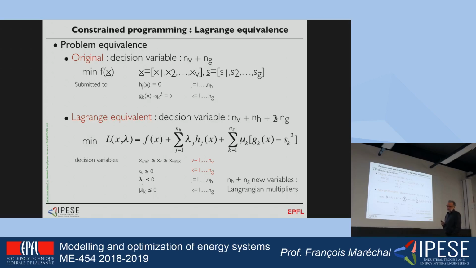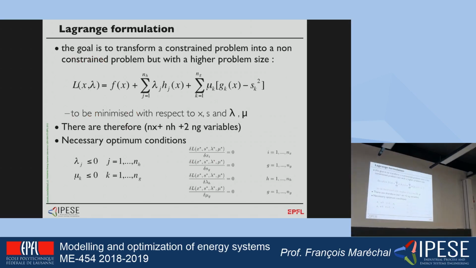But something interesting when I'm using this formula is that I can express the conditions of optimality of the minimum of the Lagrangian by setting to 0 the gradient of the Lagrangian.